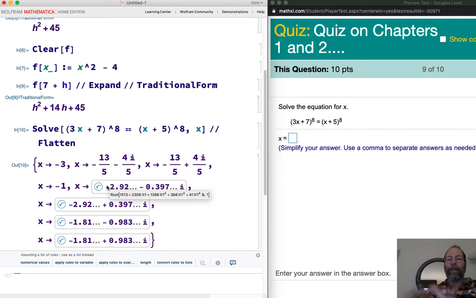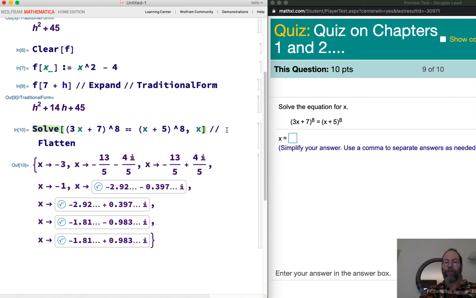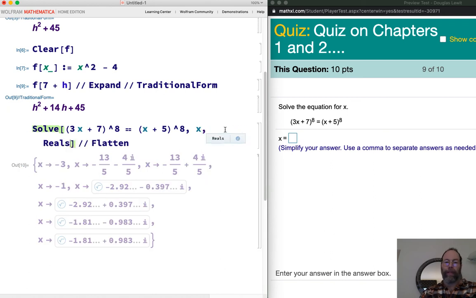a long list of answers, right? Including answers that involve the imaginary number i, which is the square root of -1. But I think your textbook expects only real valued answers. So I'm going to include this as an option, reals.